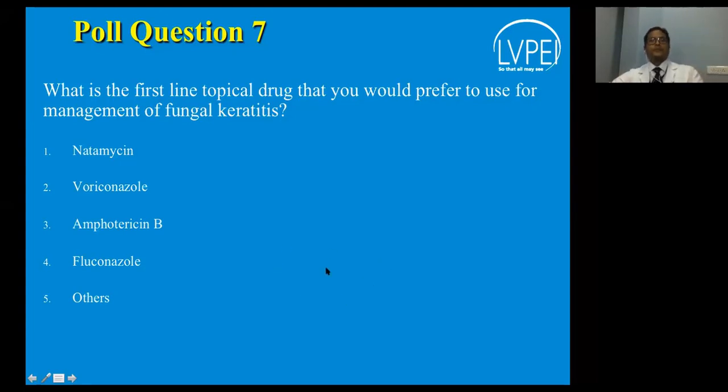Okay, so most of our colleagues would prefer to start with natamycin as the first line management, and some of us would also prefer other antifungal drugs such as fluconazole, amphotericin, voriconazole.